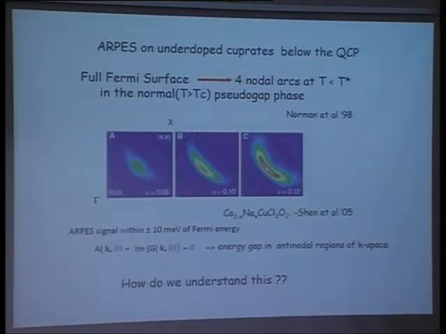So this is the ARPES signal within plus or minus 10 millivolts. The ARPES signal, of course, measures the imaginary part of the Green's function around zero frequency. And the question is, how do we understand that this full Fermi surface that's seen in the overdoped region is reduced to this set of arcs?